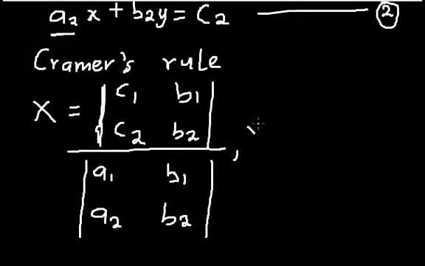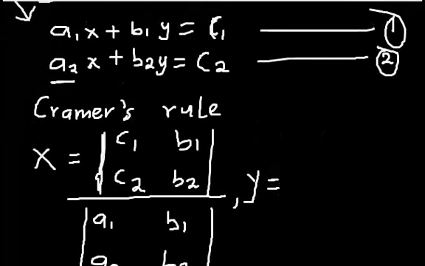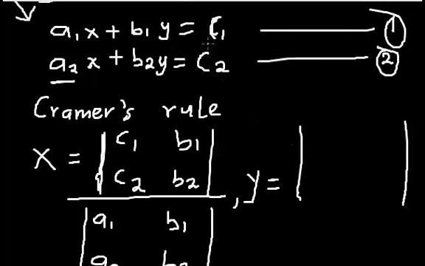Then for me to find y, don't worry, I'm going to illustrate this in case you don't understand it. The same rule is applicable. My numerator is going to be the determinant of a 2 by 2 matrix, but this time the constant values c1, c2 come as the second column.